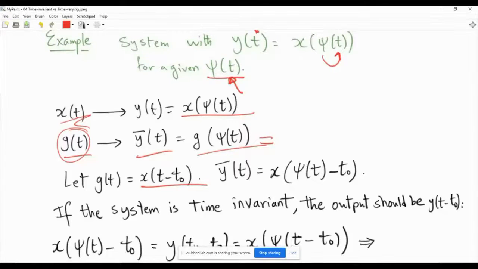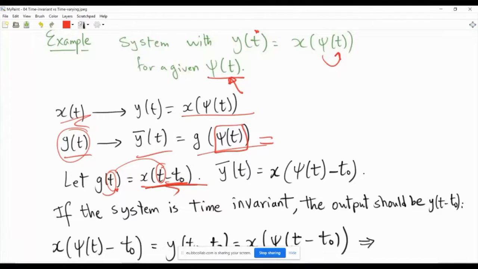Okay, so now g of t is x of t minus t0. Means what? g of some real number is x of this exact real number minus t0. Okay, so what is g of psi of t, which is a real number?